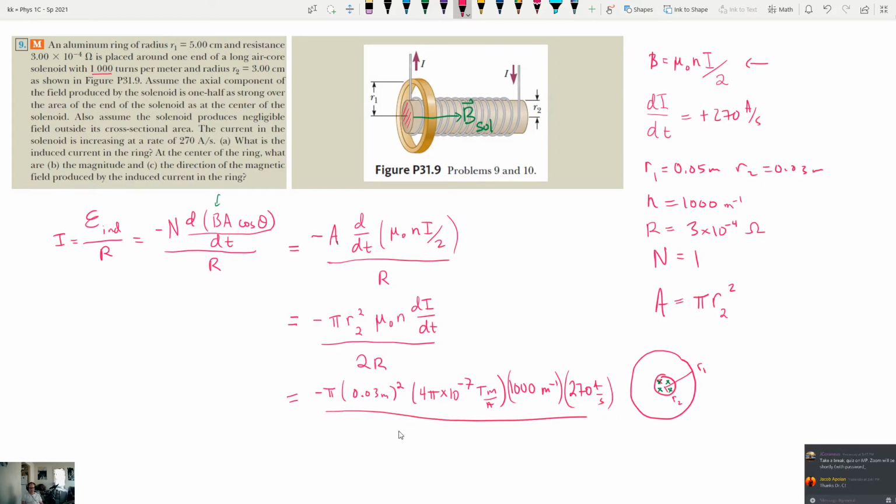And we're dividing all of this by 2 times the resistance. And that should be the current. Can you all calculate that for me? I left my phone in the other room.